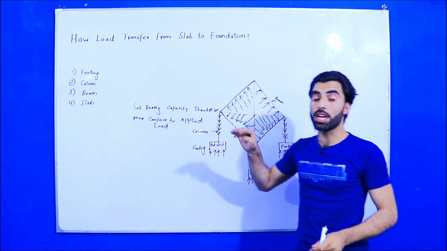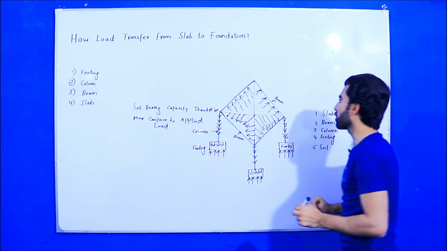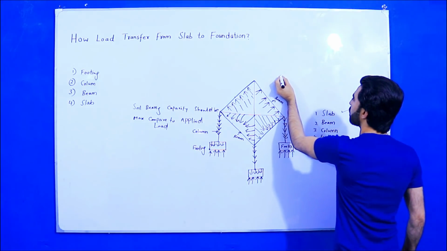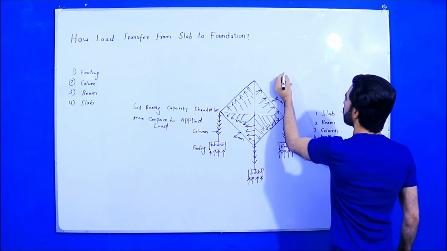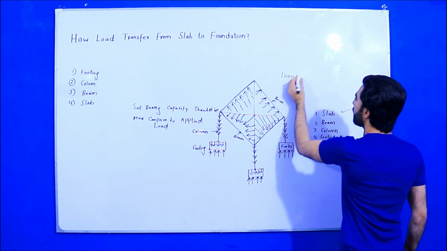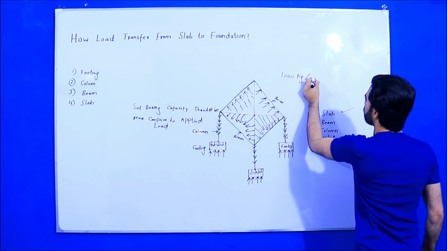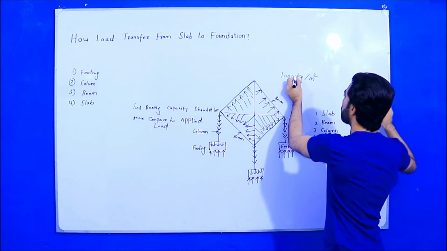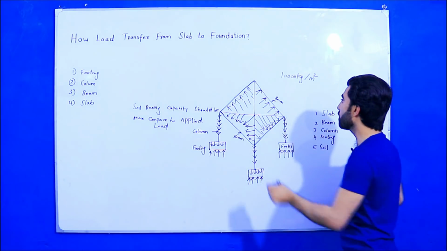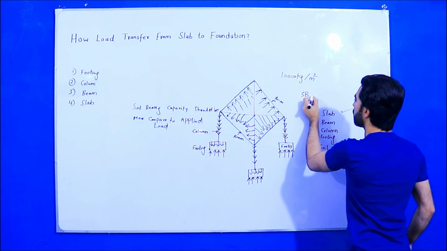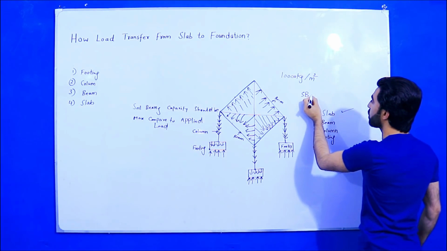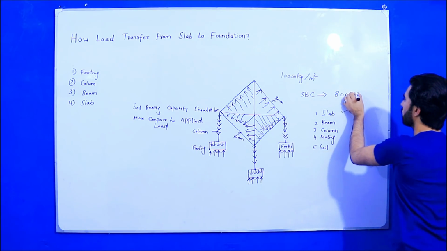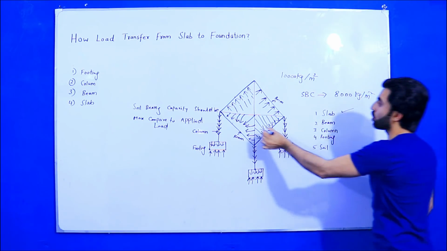When the applied load is more, for example, this is just an example, if the load is 10,000 kg per meter square, this is the applied load, and the soil bearing capacity, the strength of soil, SBC, is for example 9,000 kg per meter square, then the structure will fail.